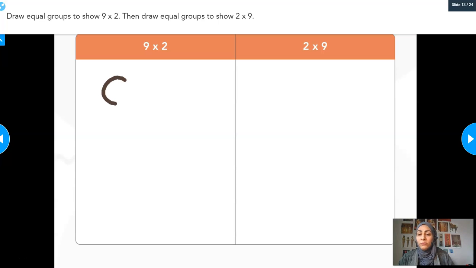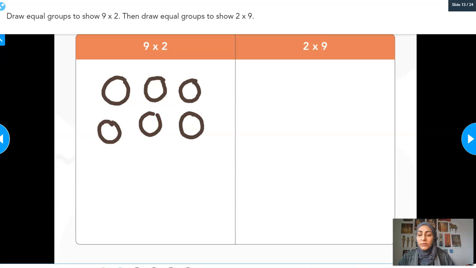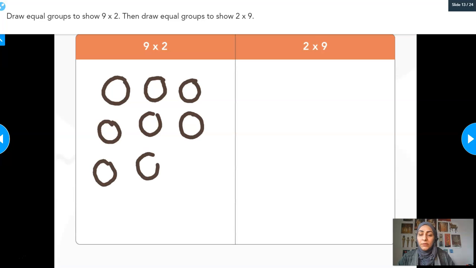So if we start drawing, this is 1 group, 2, 3, 4, 5, 6, 7, 8, 9. So 9 groups. Now I should have 2 in each group.